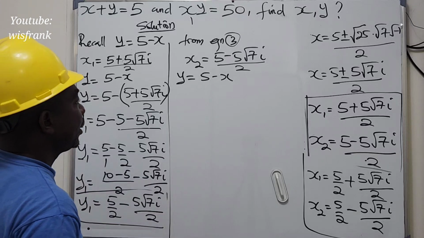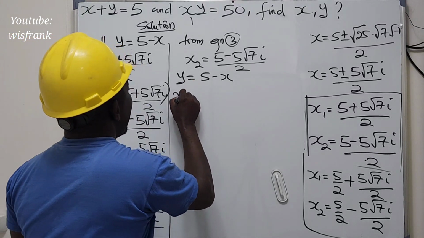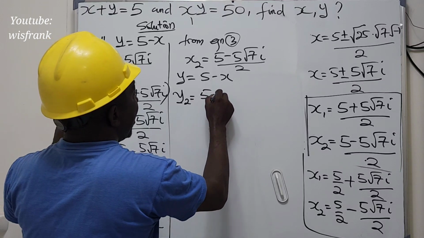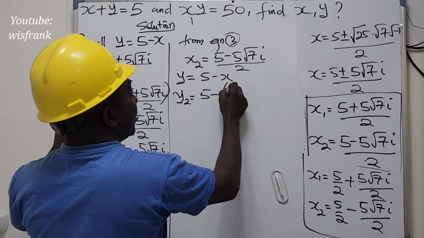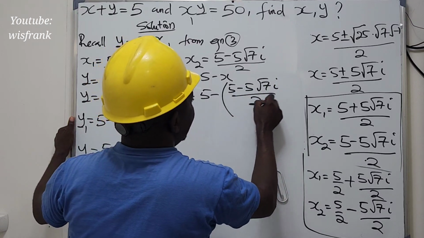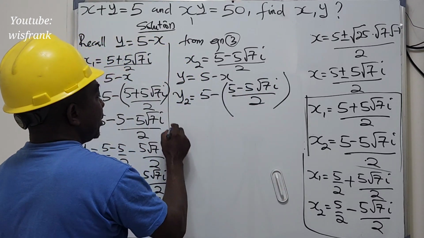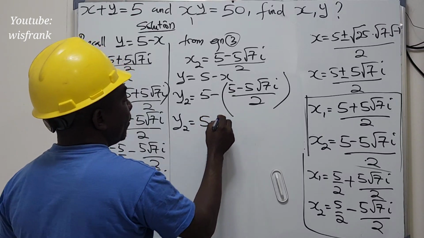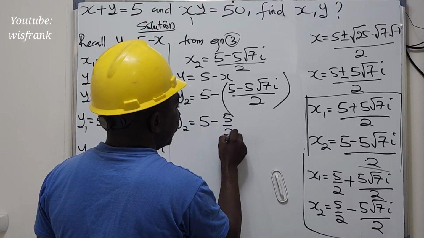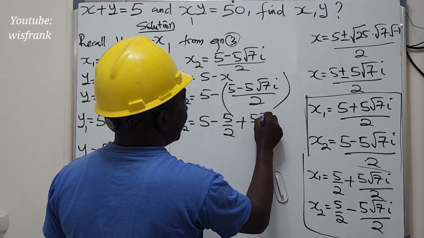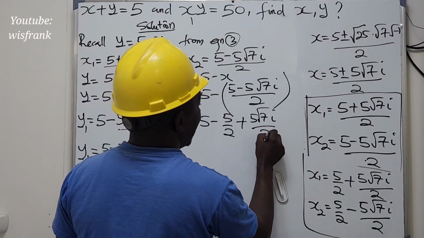So let's check the other side, which is y2. y2 will be equal to 5 minus our value of x, which is 5 minus 5 root 7i all over 2. To expand this, our y2 will be equal to 5 minus 5 all over 2, as we said, then minus times minus gives plus 5 root 7i all over 2.